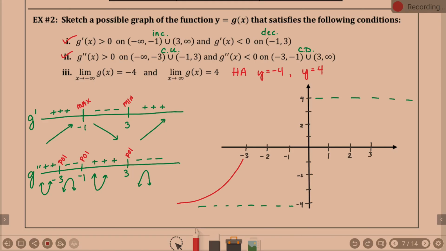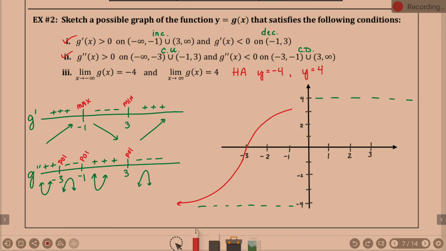We don't have a y value in terms of how high or low we are. You could be on the x-axis, you could be above it. But when you hit that x value of -3, that's when you need to start turning. And instead, now, as I approach -1, it's going to be bold downward. Does that make sense for a concavity change?